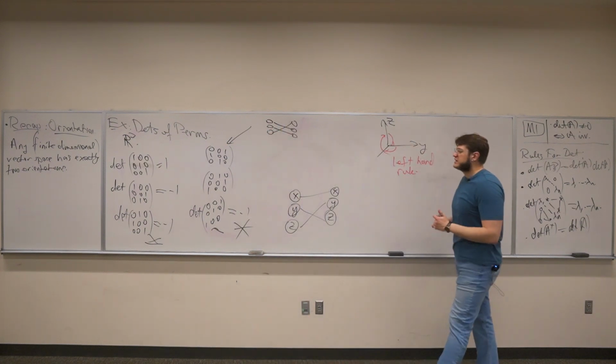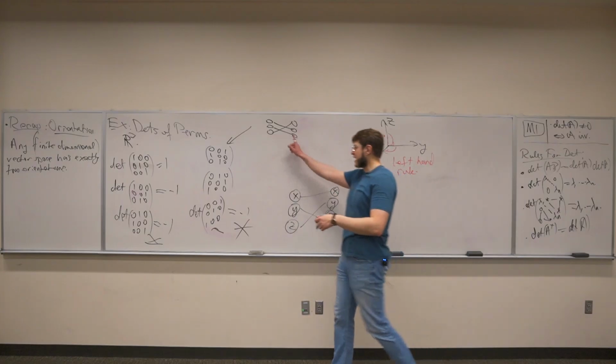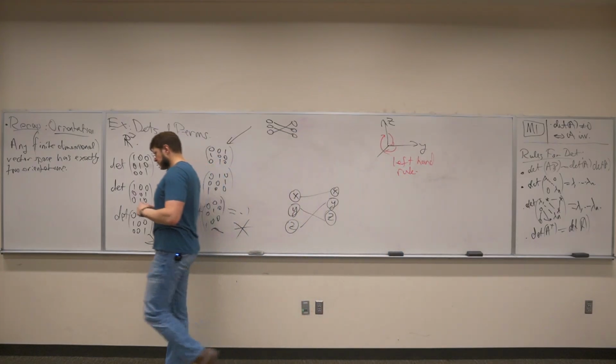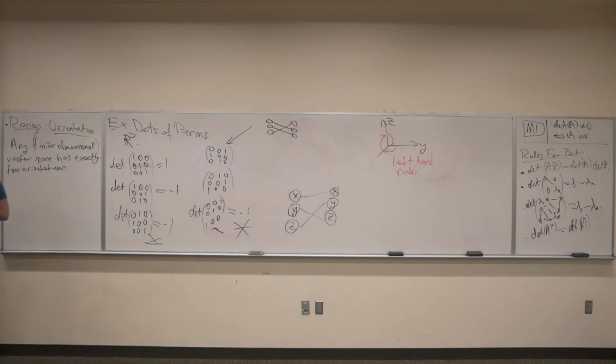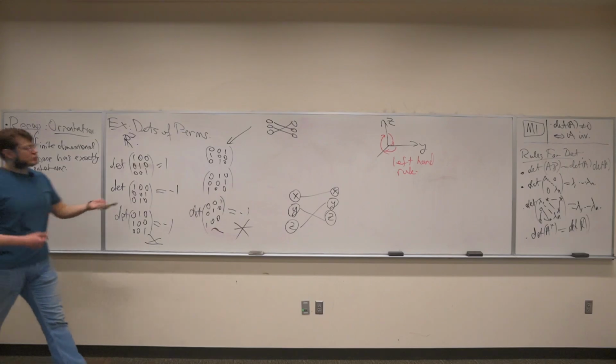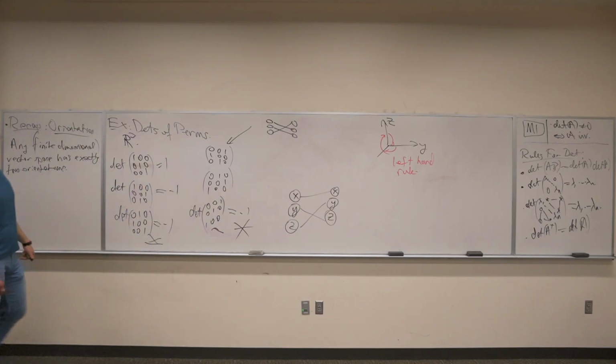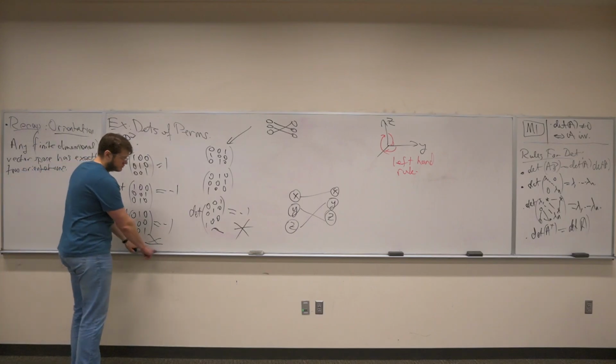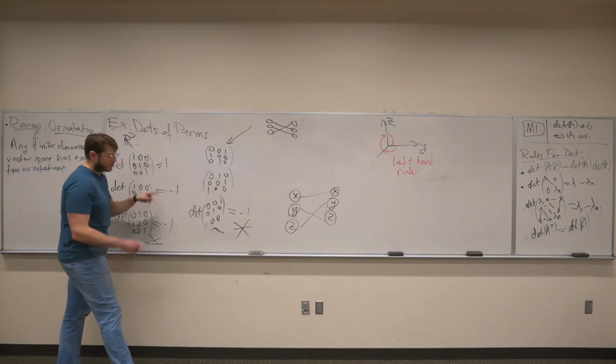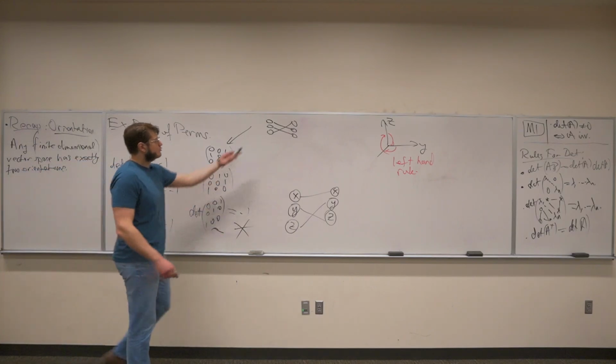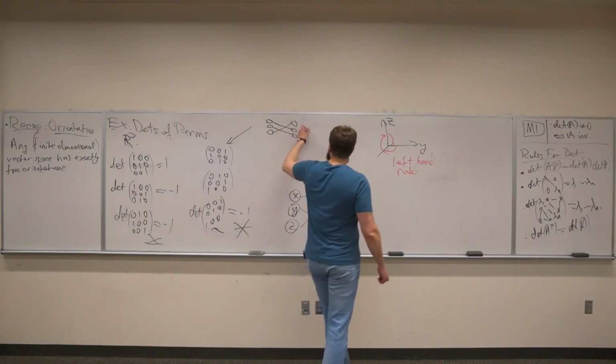Now, the way you're going to read off the number of crossings when you have a more complicated permutation is by trying to factorize this more complicated permutation into permutations of a simpler type. This, this, or this, where you have exactly 1 crossing. And so, for instance, this I can split like so.